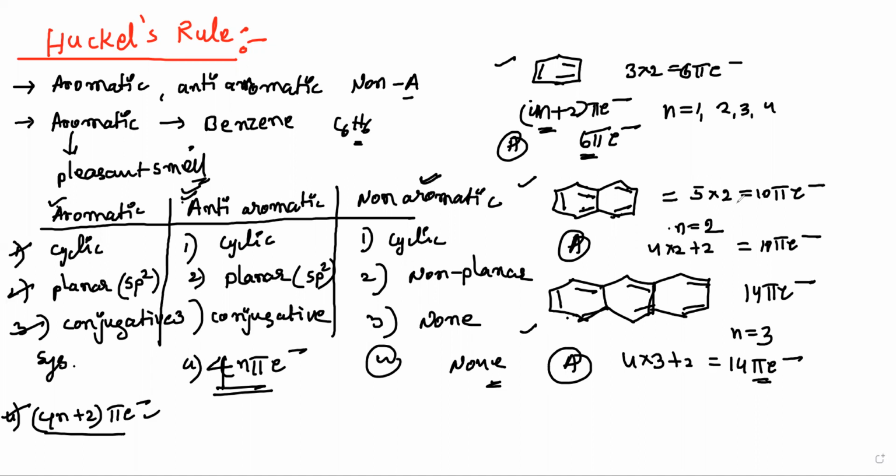Then, if we take another example, suppose this is a molecule. In this case there is a negative charge, a pi bond and a pi bond. Negative means what? Two electrons only. Observe, they are in conjugation. This pi bond and this lone pair, the negative, are in conjugation. This molecule is a planar molecule.